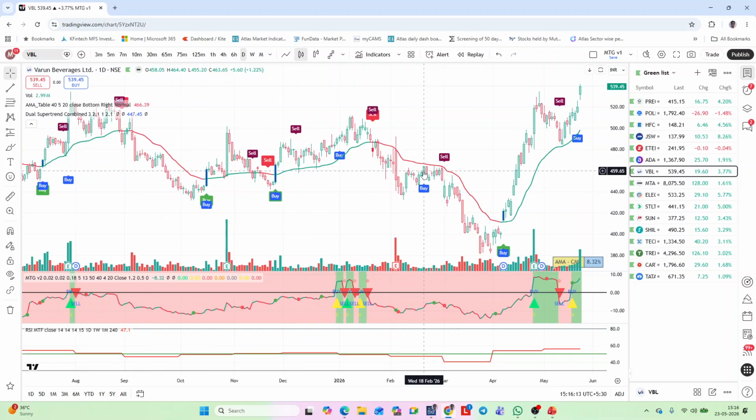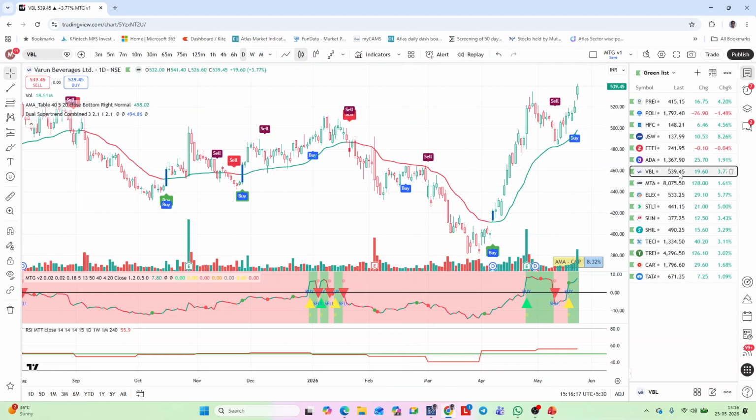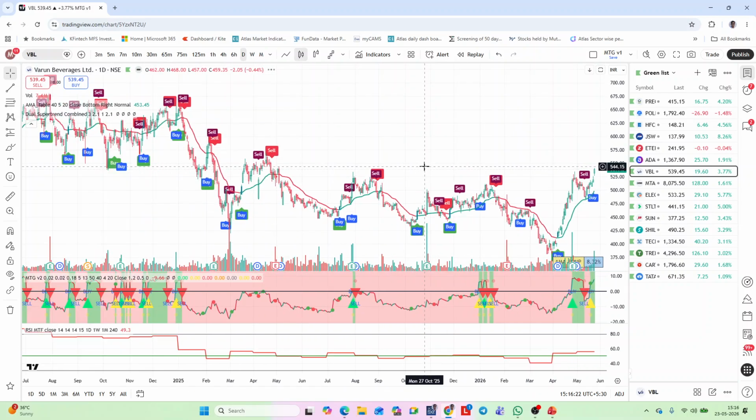So now let's understand how to take a position. Say for example, this is the VBL chart. In our setup, you might have heard of the stages of stocks.